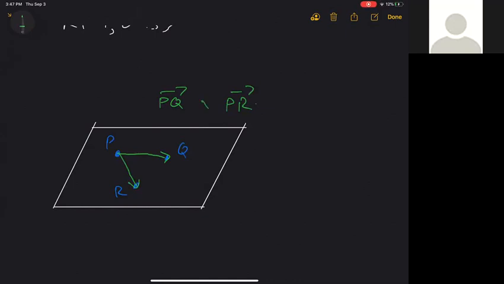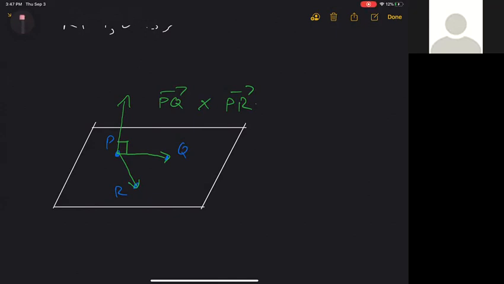What do I know about the cross product of PQ and PR? Remember, the result is going to be orthogonal to both of my starting vectors. And in fact, that vector is going to be orthogonal to the entire plane.